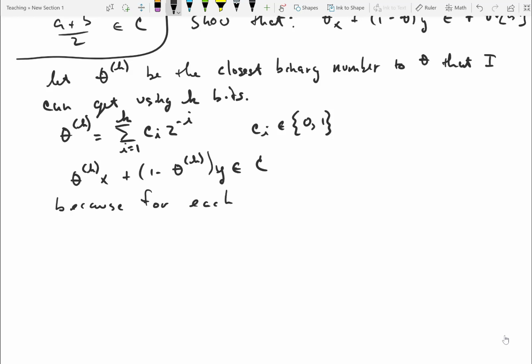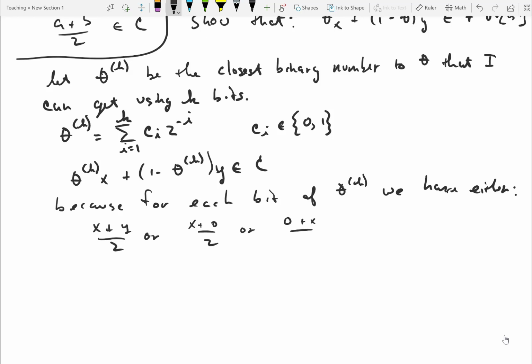For each bit of theta to the k, we could have x plus y over 2, which would be the case where c sub i is 1, or we could have something of the form x plus 0 over 2, or something of the form 0 plus x over 2.